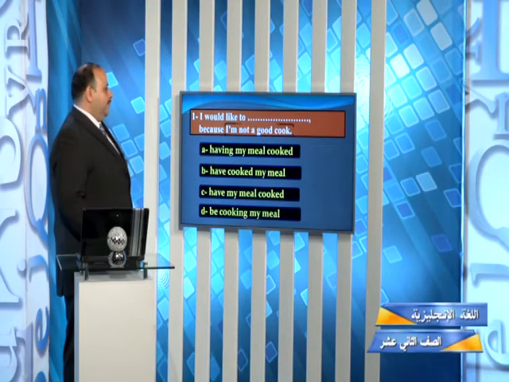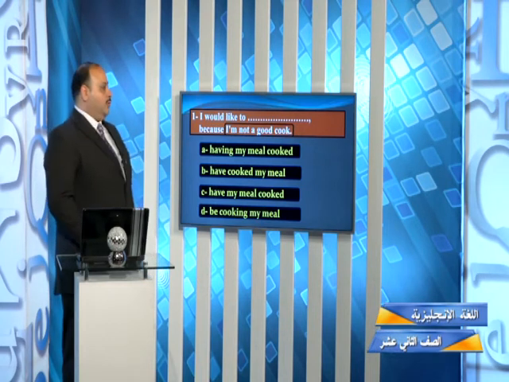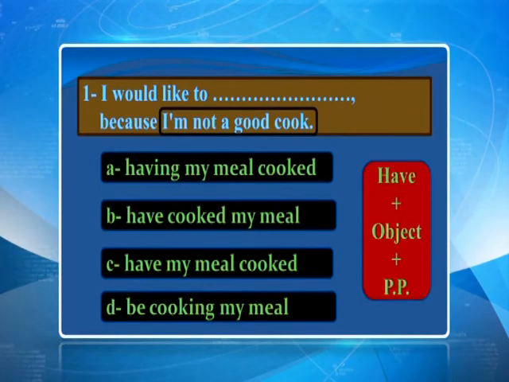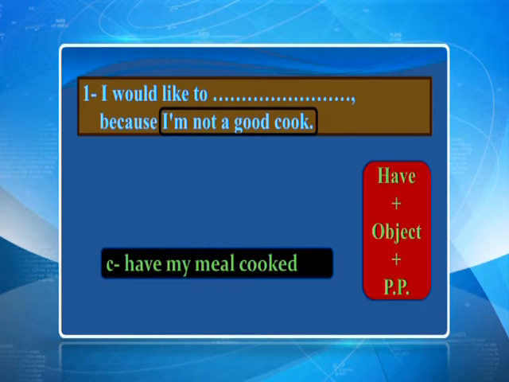Let's see. I am not a good cook. Well, if you are not a good cook, this means that someone else is going to cook for you. So the rule is have plus object plus past participle. Now let's see. The right answer is have my meal cooked.